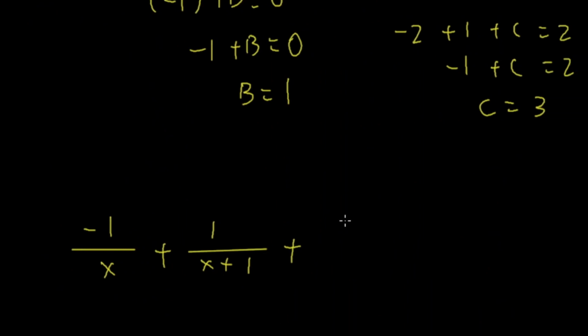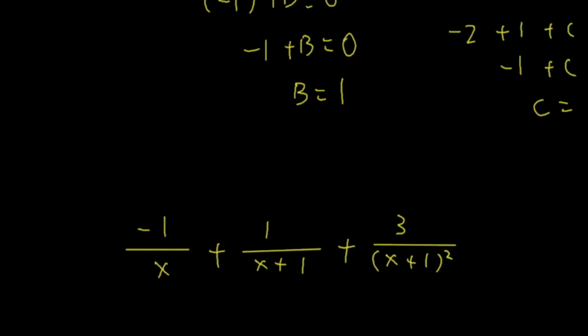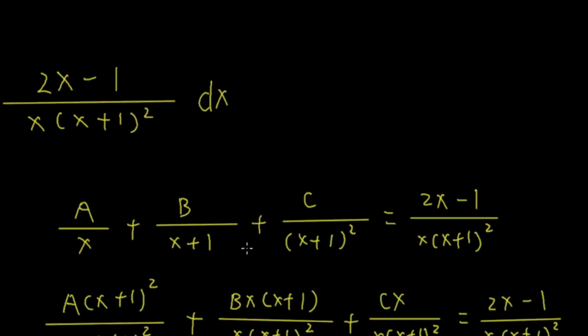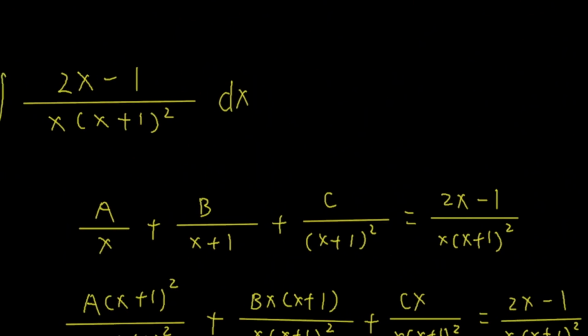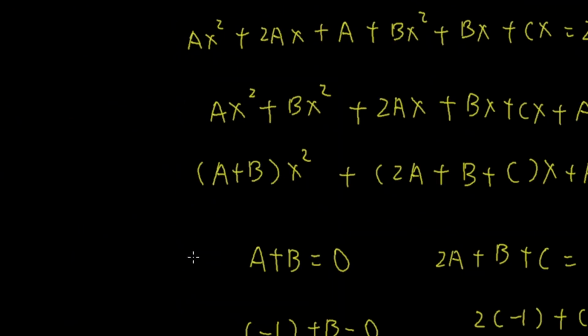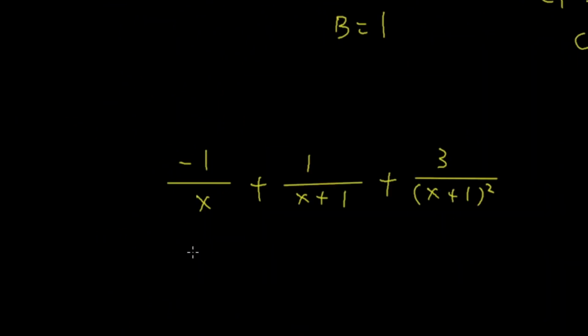So 3 over x plus 1 all squared. Okay, so this is the decomposed form of the original fraction, the original integral. So we are integrating this right now.